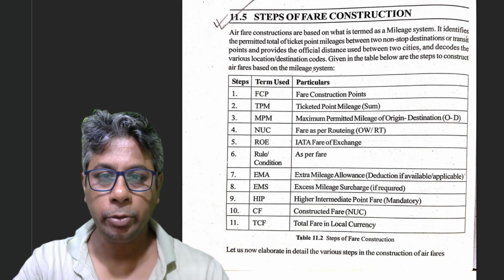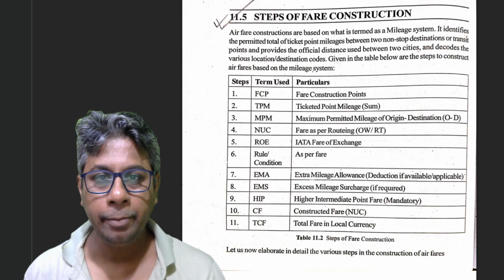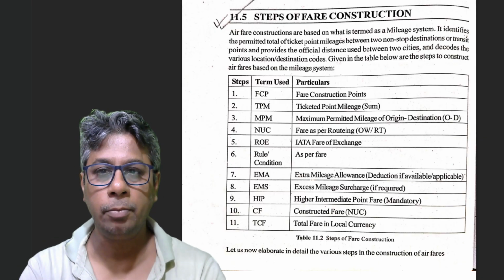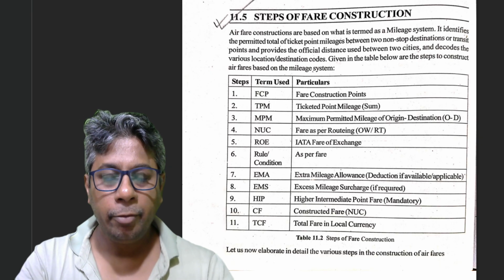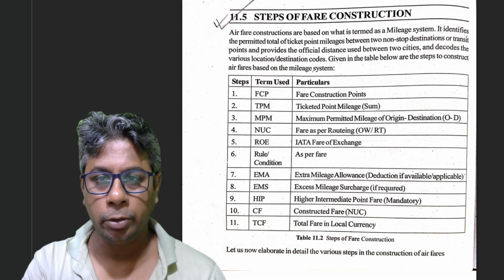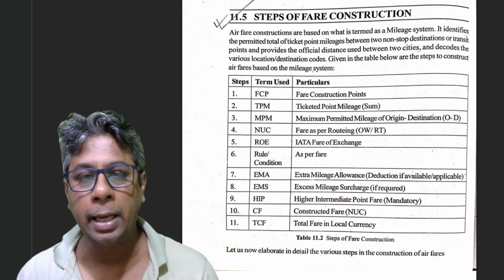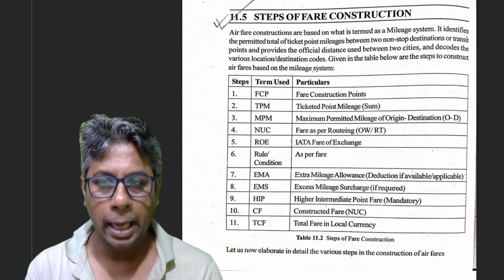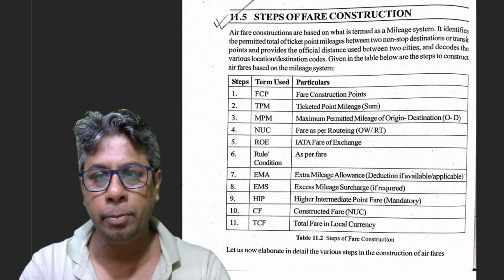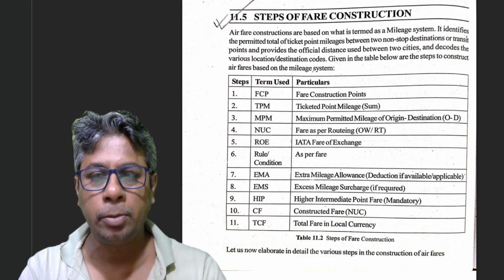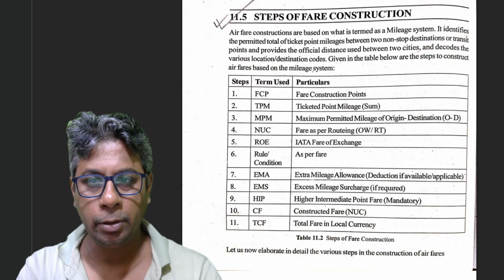Today we are going to study the detailed analysis of fare construction. Airfare construction is based on what is termed a mileage system, and it identifies the permitted total ticket point mileage between two non-stop destinations or transit points.